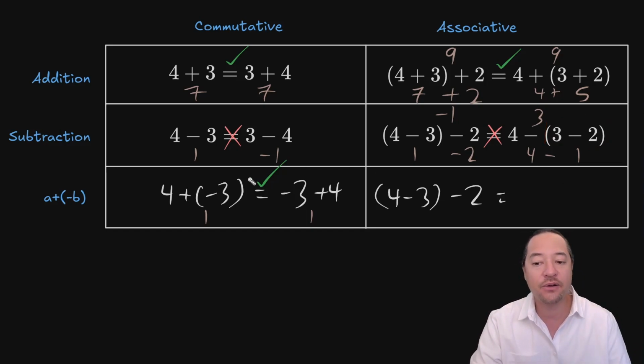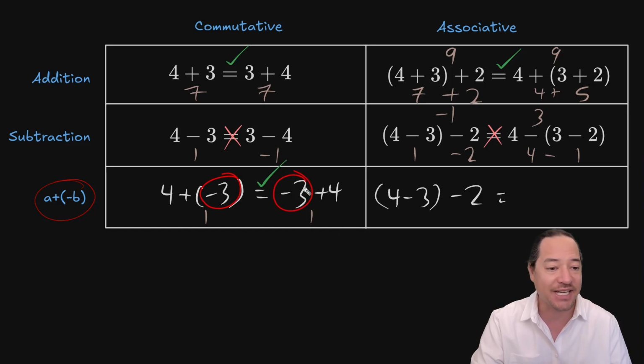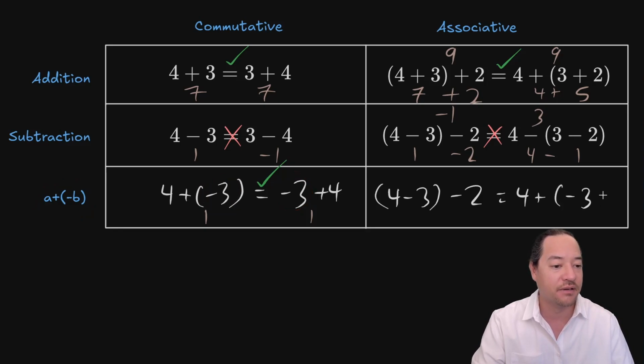When we're thinking about subtraction as the addition of a negative number, you need to keep that negative sign attached to that number. Okay, so over here, we're going to say this is 4 plus, and then in parentheses, negative 3, and then minus 2. Okay, so this is another way we can think about subtraction.